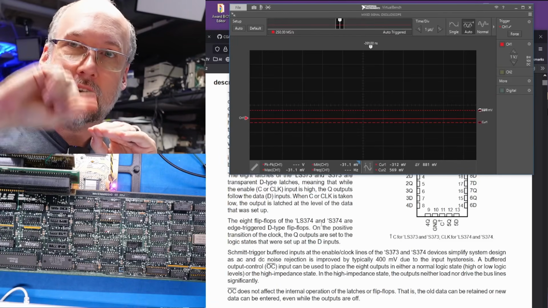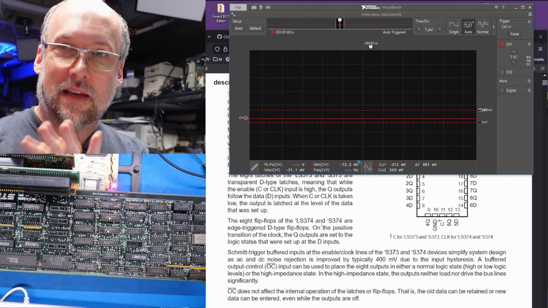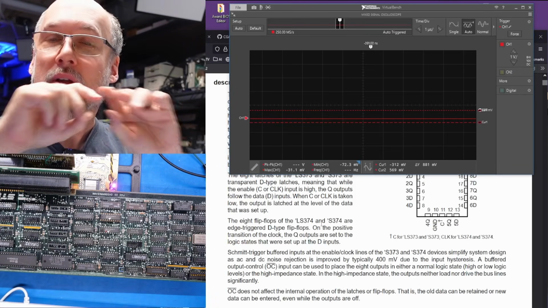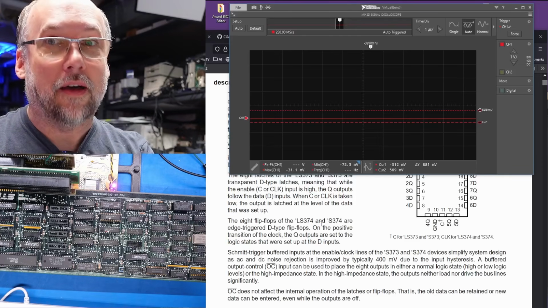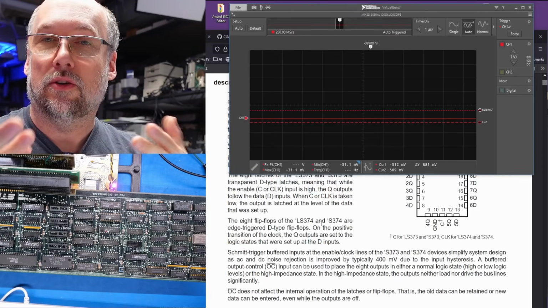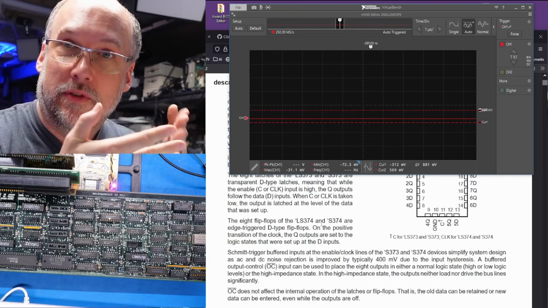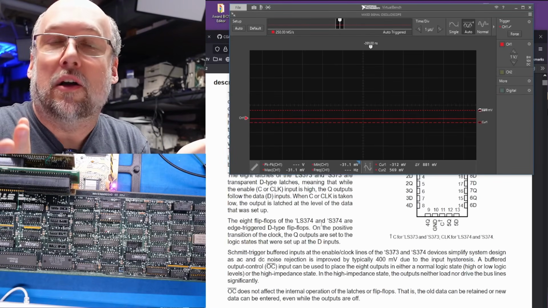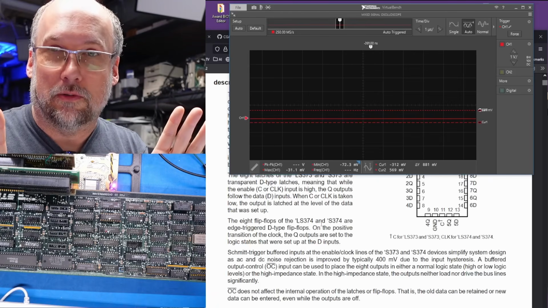So when the clock goes up, it copies the input to the output, from D to Q. And then when the clock goes down, the output Q just stays at whatever value, whether high or low, that it was set to originally based on whatever D was. It should never toggle on and off based on the clock input. It should just stay at what it was originally at.